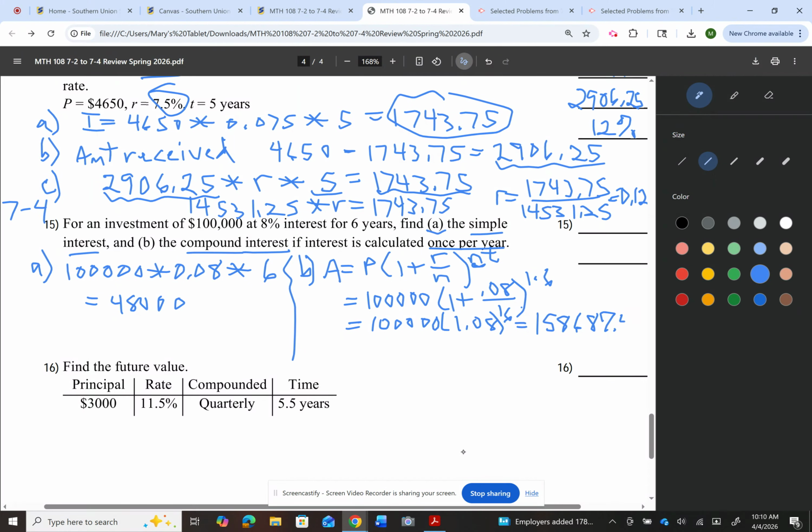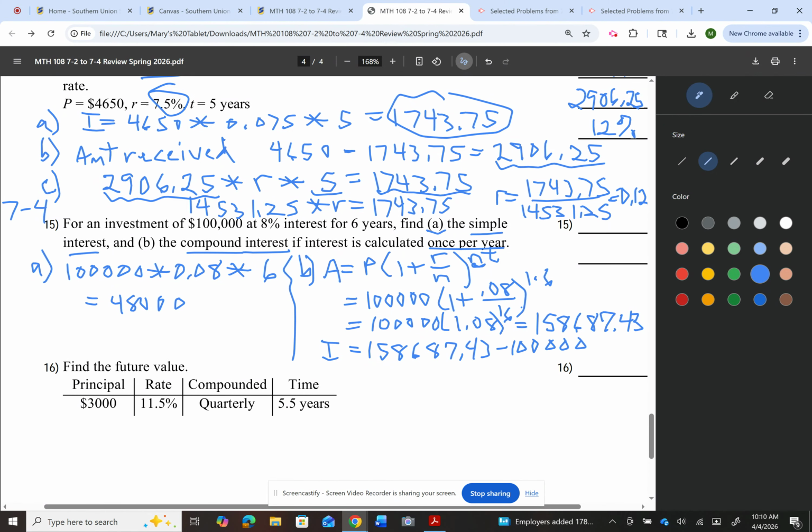We typically will be rounding to 2 decimal places because that's rounding to the nearest cent, and then that's the future value, so the interest is going to be that amount minus how much I put in originally, that's the 100,000.